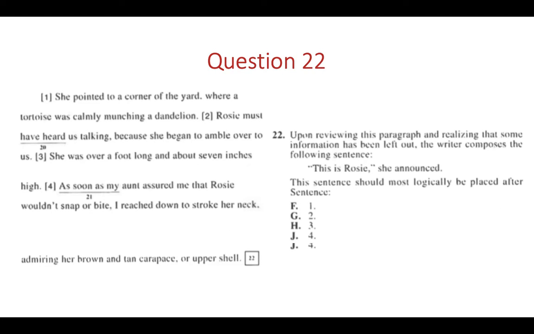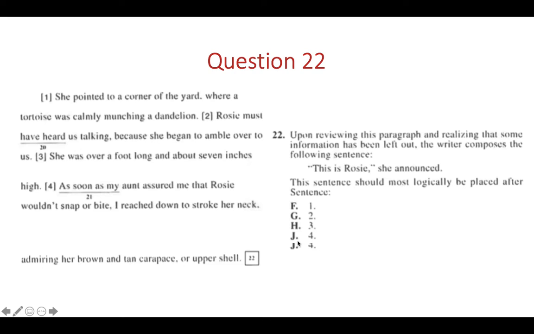22. Upon reviewing this paragraph and realizing that some information has been left out, the writer composes the following sentence. "This is Rosie," she announced. This sentence should most logically be placed after sentence... Okay, so then we need to figure out when the aunt should say this is Rosie. So let's read it in all the places.